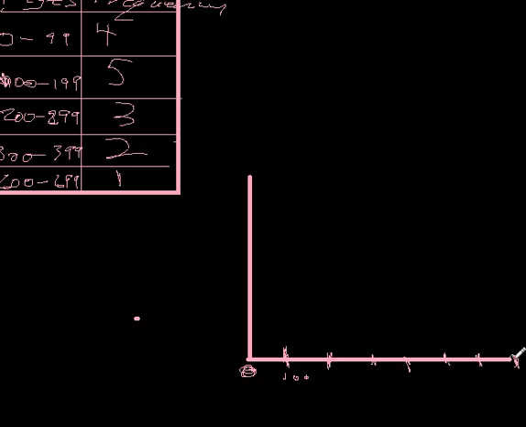Cool. So this value right here, I'm going to call 200. That's going to be 300. And then 400, same with 500, 600, and then I'm going to stop at 700 because I had a couple of books that were over 600 pages.